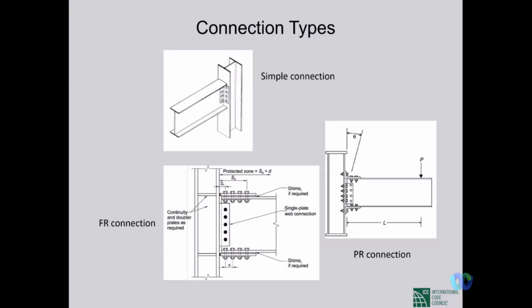We need to look at where the flexural stresses are more and where the flexural stresses are less. The flexural stresses are maximum at the extreme fibers, right? And they're nil at the neutral axis. So in case of an I section, the section shown here as a beam for simple connection, this is an I section.